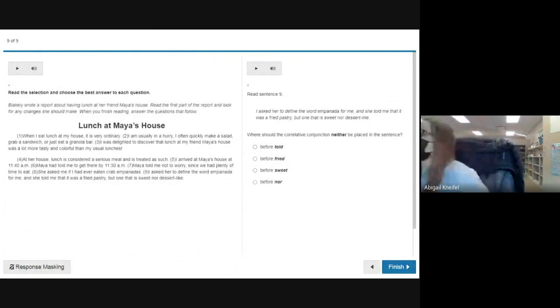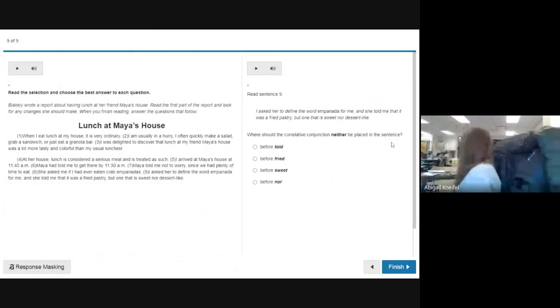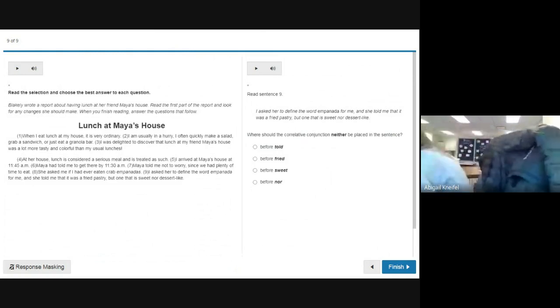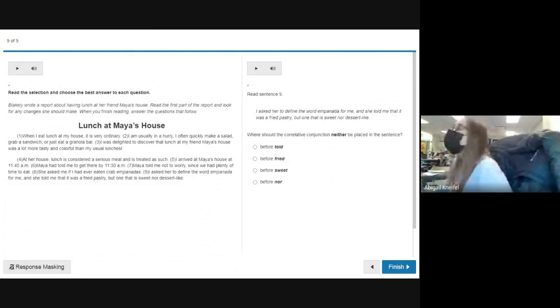Read sentence 9. I asked her to define the word empanada for me, and she told me that it was a fried pastry, but one that is sweet, nor dessert-like. So, where should the correlative conjunction neither be placed in the sentence? So remember, correlative conjunctions are the ones that work in pairs. So where should neither be placed in that sentence?